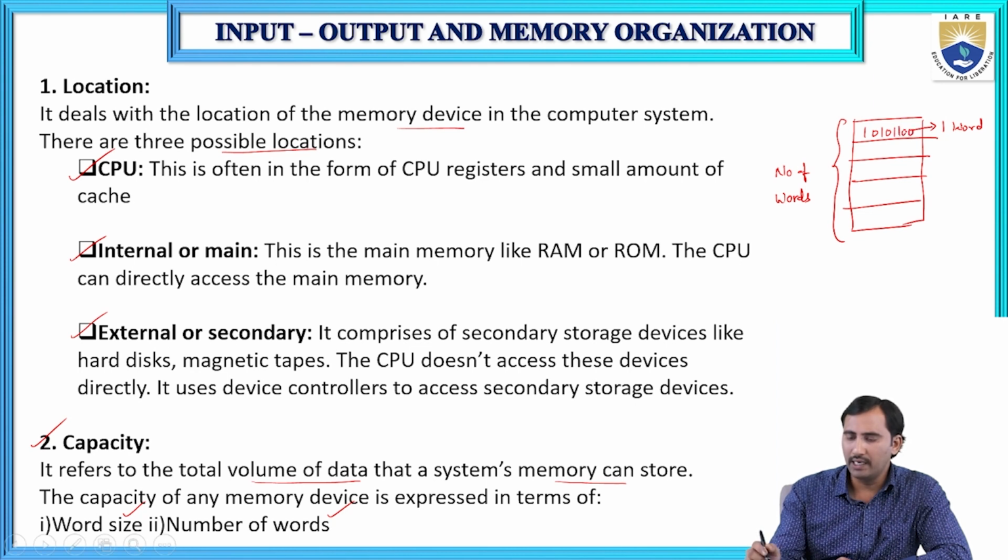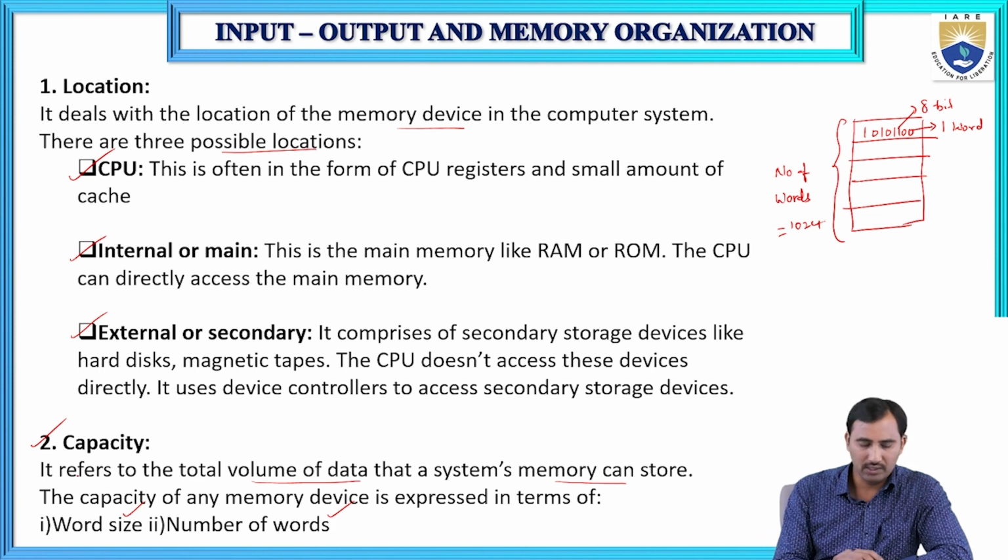So it is 8-bit data. That means the word size is 8 bits. And for the number of locations, suppose 1024 memory locations are there, then the number of words is equal to 1024. So in this way, we can measure the capacity of the memory device.